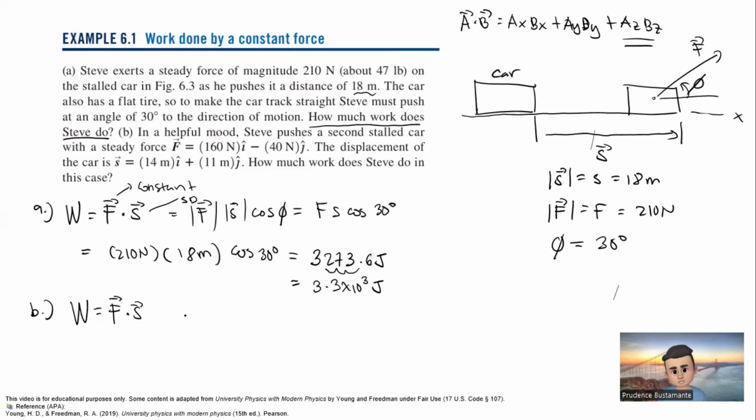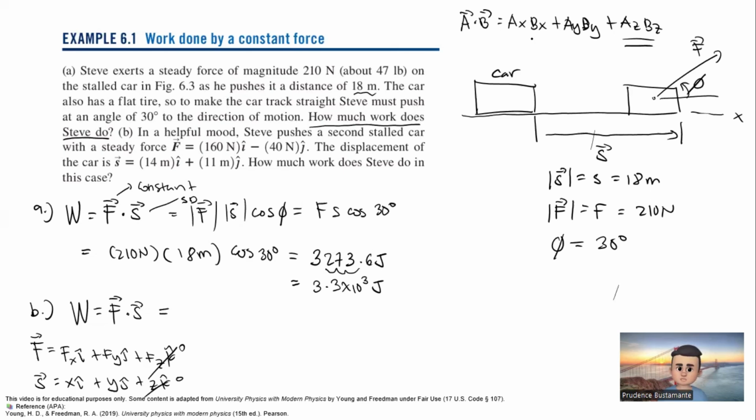So it looks like this actually. The vector F looks like this: Fx i hat plus Fy j hat plus Fz k hat. For the displacement, you have Sx i hat plus Sy j hat plus Sz k hat.